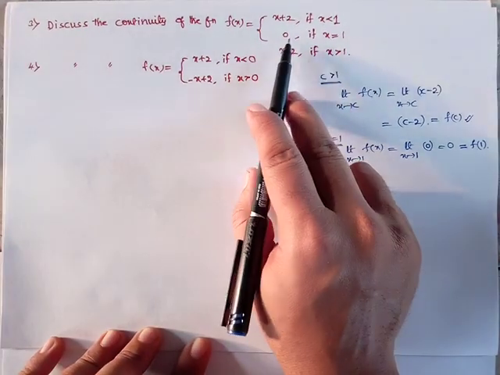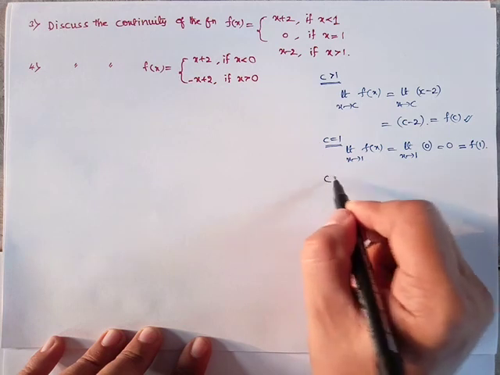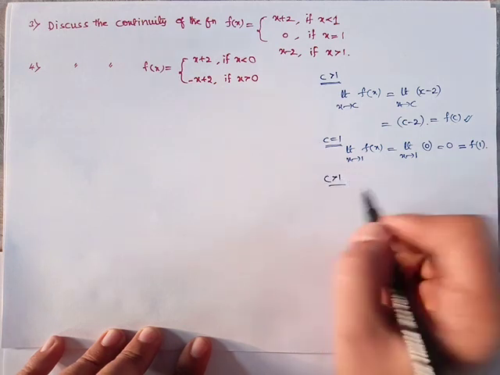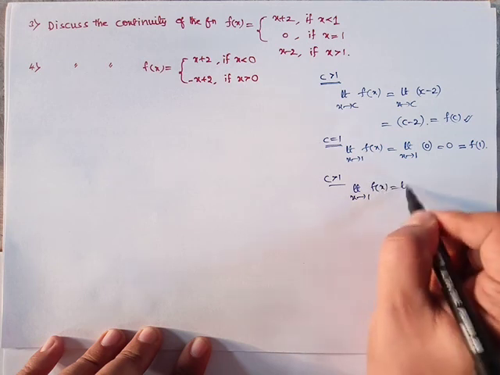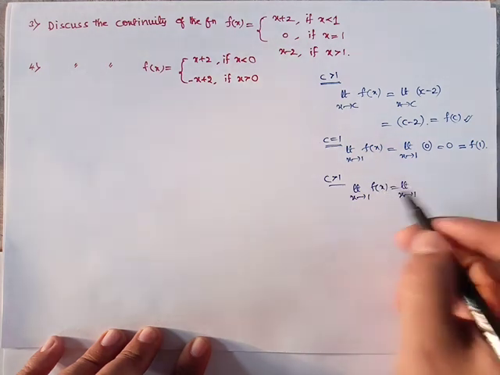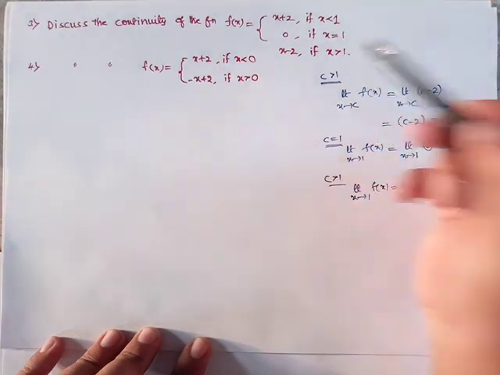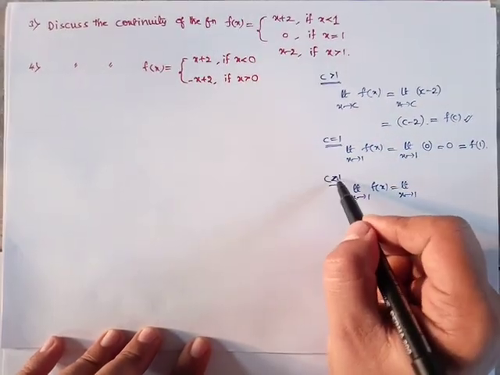F of 1 is already given as 0 here. And sorry, it is the c less than 1 case.